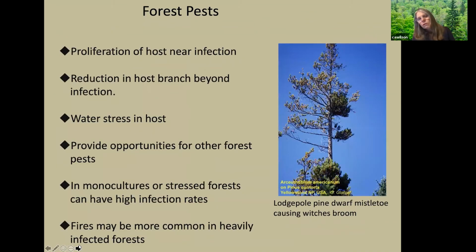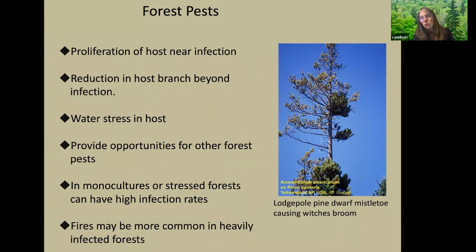So when you think of them as a forest pest, there are several reasons. One is this proliferation of the host near the infection. This is called a witch's broom. And you see witch's brooms resulting from quite a few different kinds of problems. Fungal infections can cause witch's brooms.